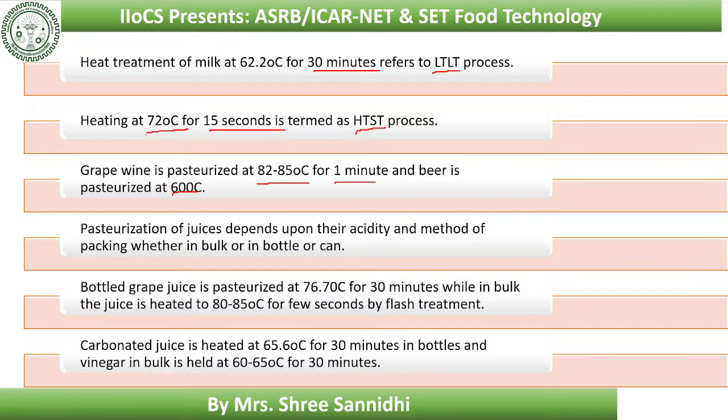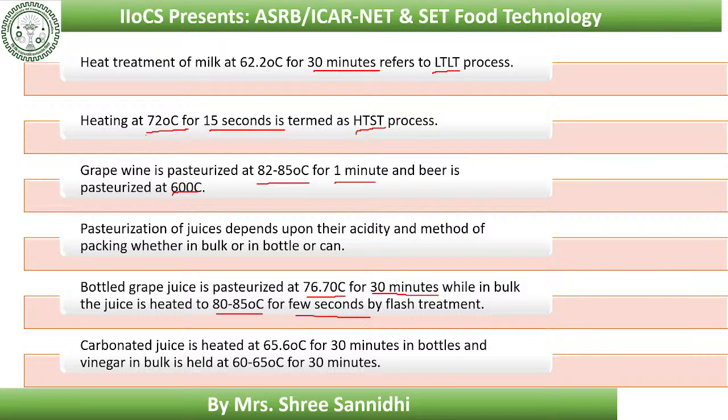Bottled grape juice is pasteurized at 76.7 degrees Celsius for 30 minutes, while in bulk the juice is heated to 80 to 85 degrees Celsius for a few seconds by flash treatment method.